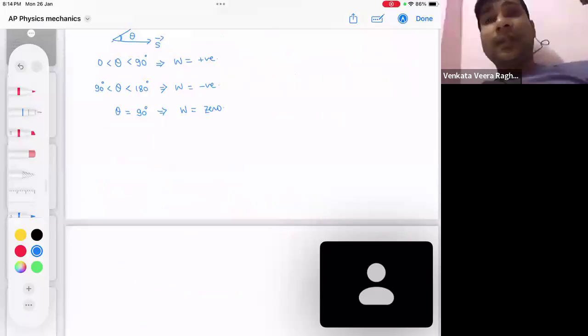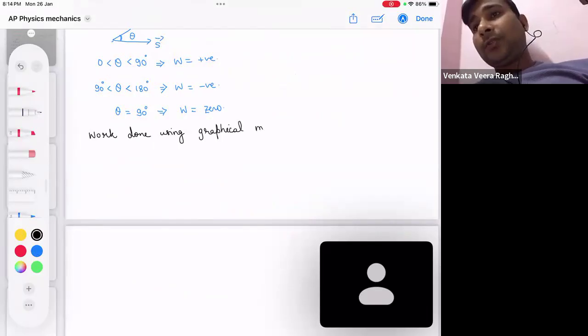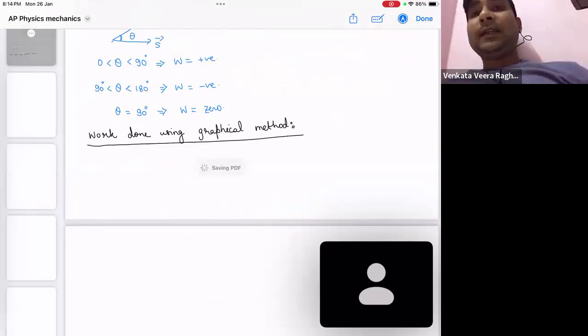Now there is another way to find out the work done. Work done calculation can also be done using the graphical method. What is the graphical method to calculate the work done?